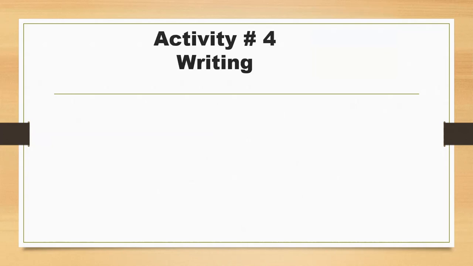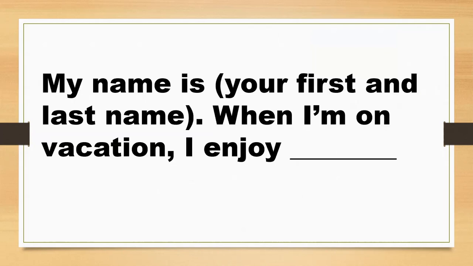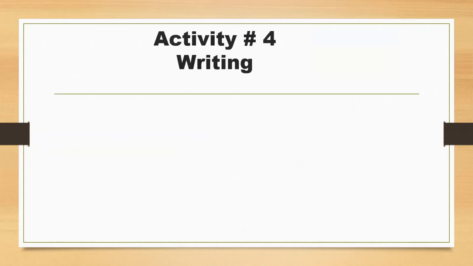All right, next slide. Oh, go back, I'm sorry. So for this activity, if you have a mirror, I want you to take a piece of paper and hold your mirror right here, and when you write, look in the mirror.